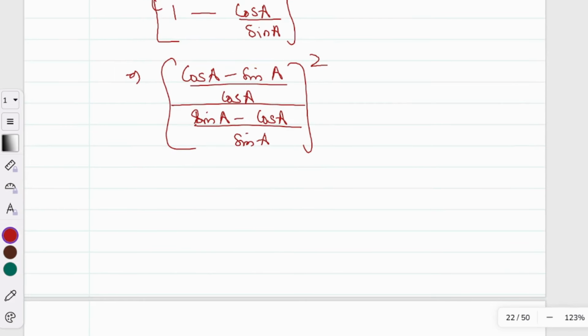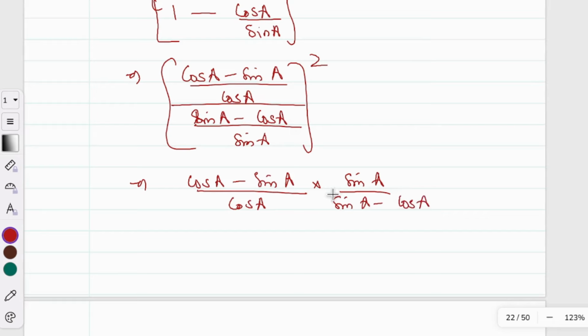Clear? So this I can write as cos A minus sin A divided by cos A into sin A divided by sin A minus cos A, the whole squared.